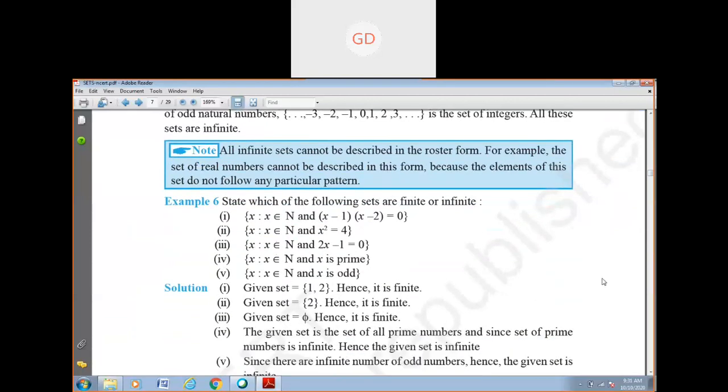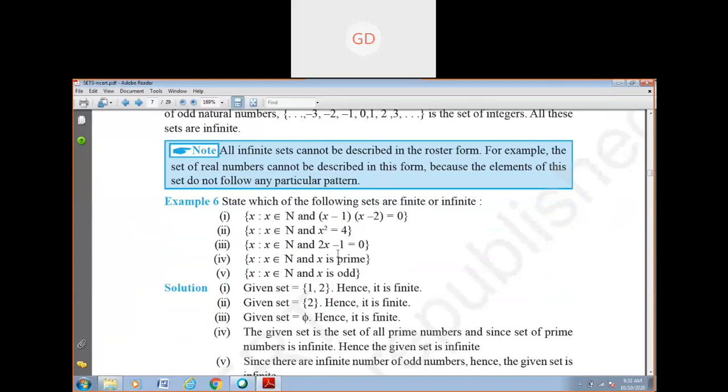Finite is simply when the number of elements in a particular set is finite, otherwise infinite. That means if the number of elements is infinite, then it is an infinite set. So here are some examples. Look at the screen here.